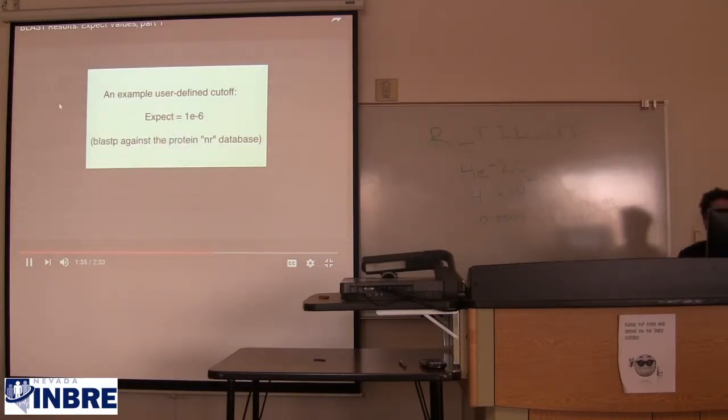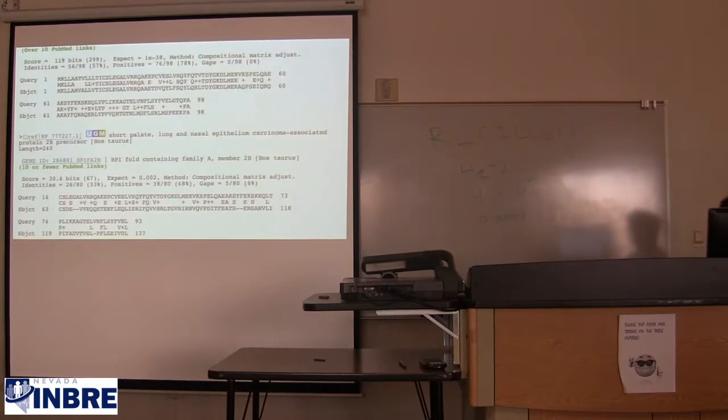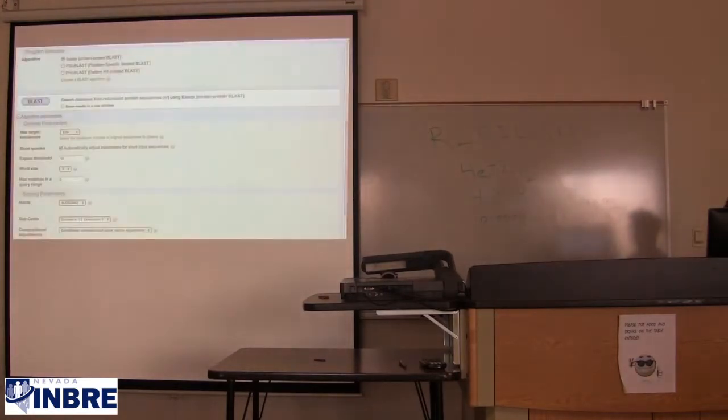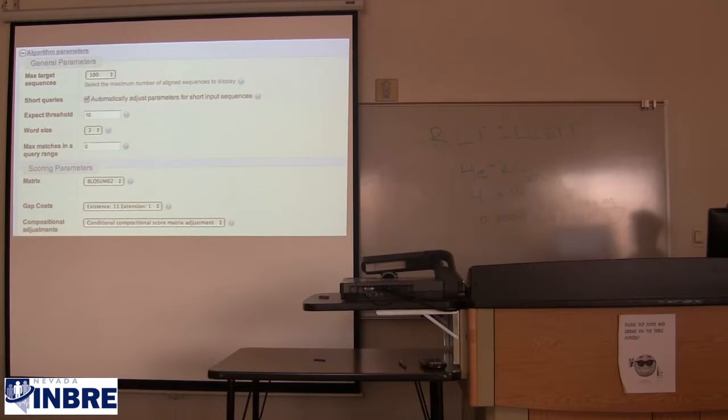BLASTP against the BLAST NR database, but that may be too restrictive for your purposes. So, the primary use for e-values is to help answer the question, is this alignment meaningful? Another use is to limit your BLAST output by setting an e-value threshold. If you only want to see results with e-values better than, say, 1 times 10 to the minus 6, then enter 1e-6 in the threshold text box.